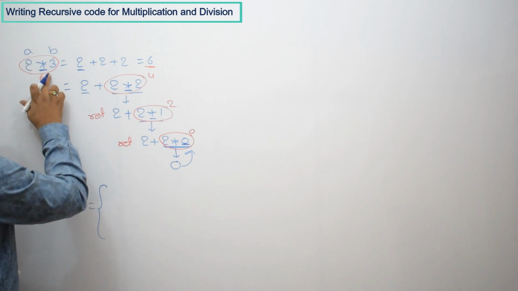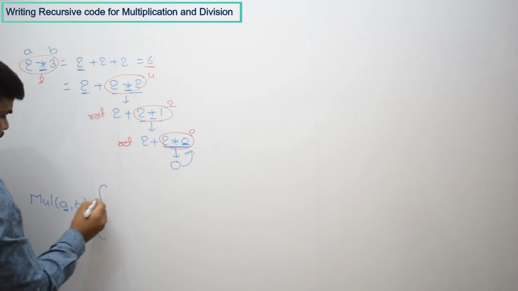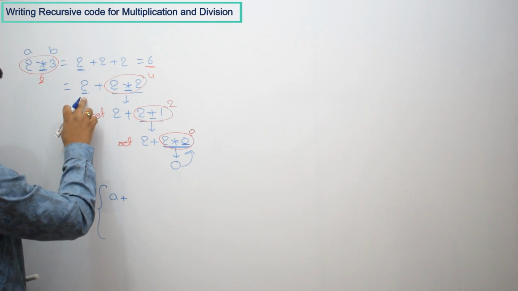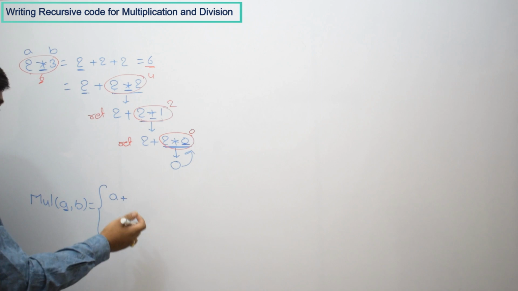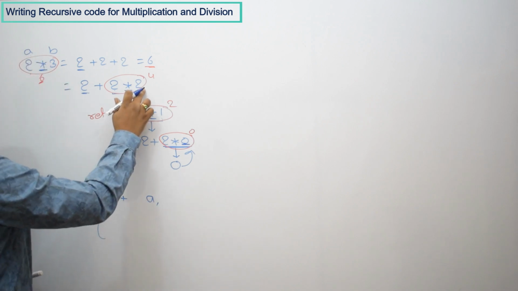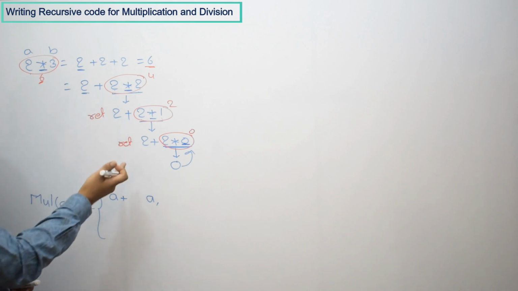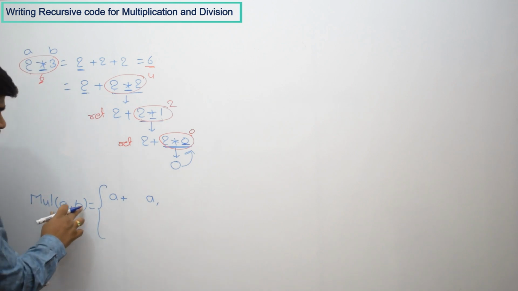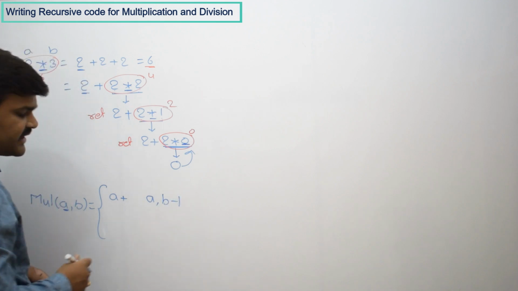Here we added A one time. After A is added one time, how many times do we have to add A further? One less than the earlier time, right? Because one time is already added. So earlier you had to add B times, and since one time is added already, B minus one time only we have to add.